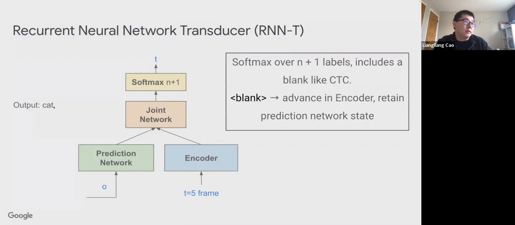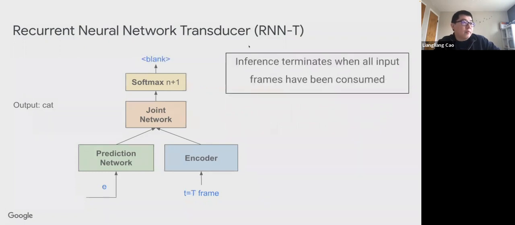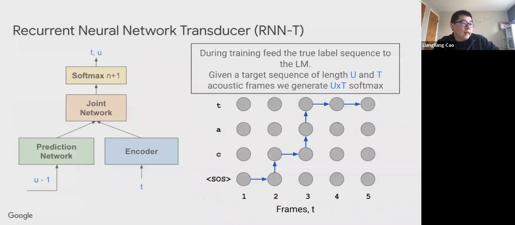The cat will be the transcription result from the RNN-T. After T frames, the inference will terminate when the input frames have been consumed. So here is the matrix of how the inference will go. We have the ground truth, CAT.